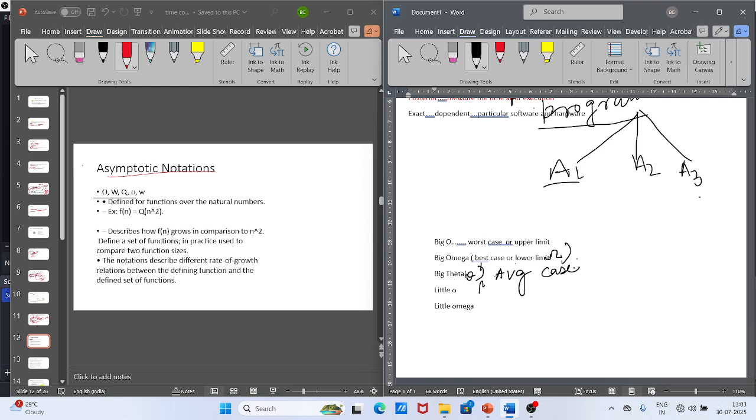Little o and little omega are basically used for more precise bounds but rarely used in practice. It is a tight upper and lower bound.